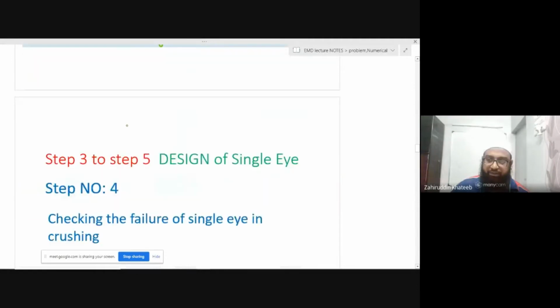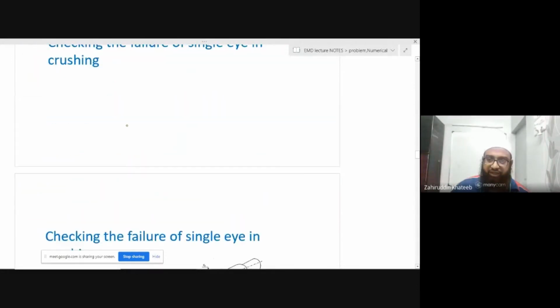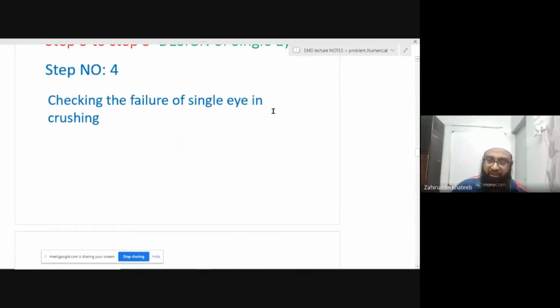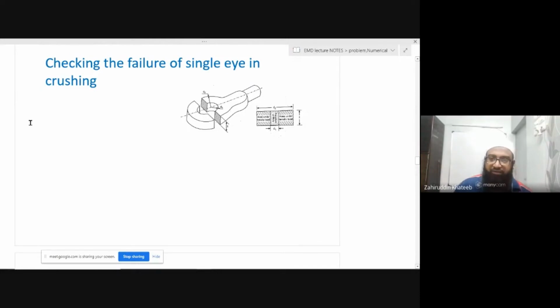Now we will move to the next step, that is checking the failure of single eye in crushing. Again I will apply a formula: sigma ck is equal to W upon d1 into t.